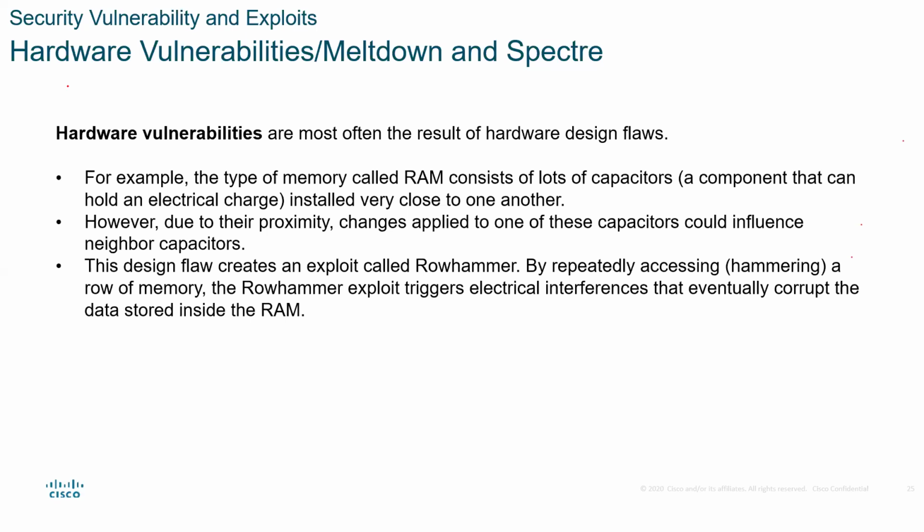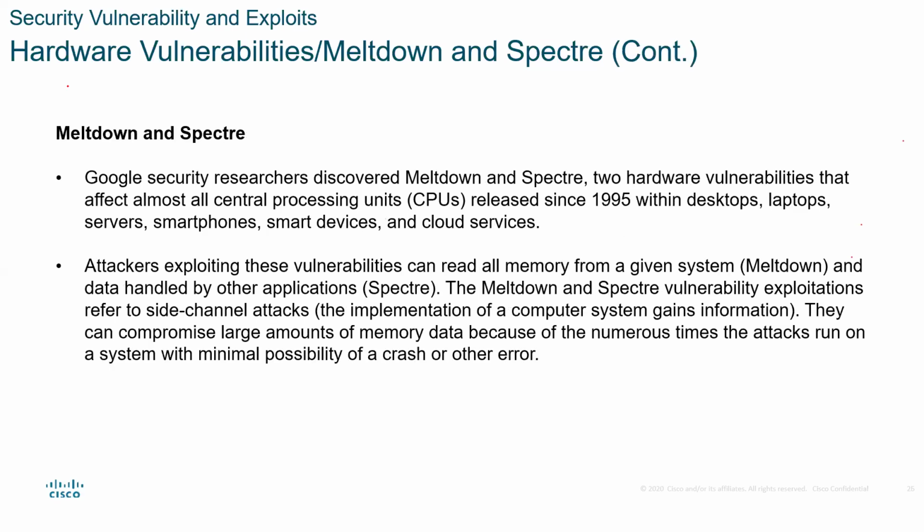So, for example, the type of memory called RAM consists of lots of capacitors. All right. However, due to proximity, changes applied to one of these capacitors could influence a neighbor's capacitor. So that's a design flaw. Meltdown and Spectre.